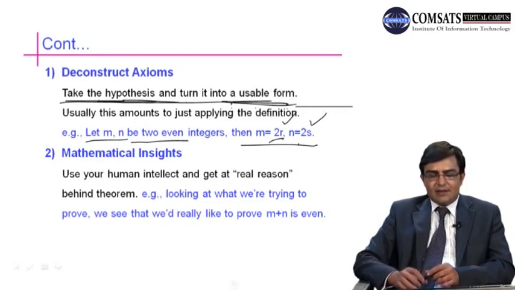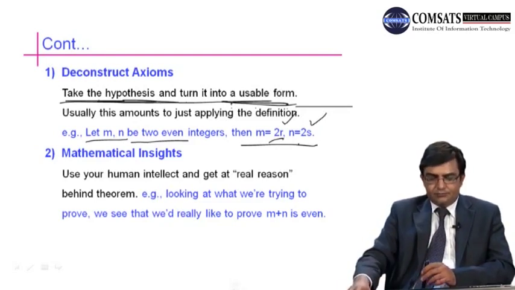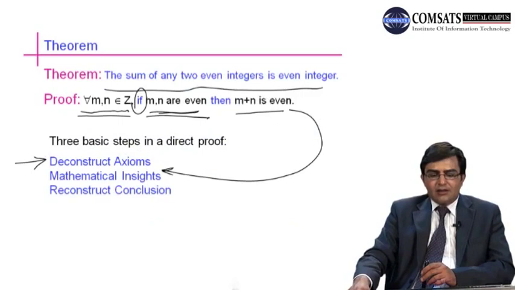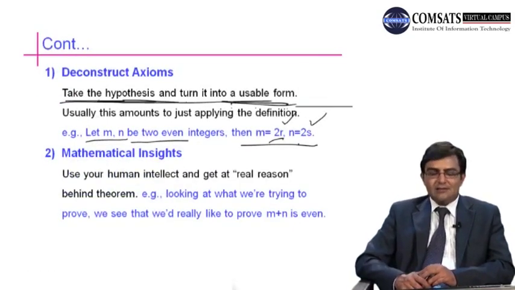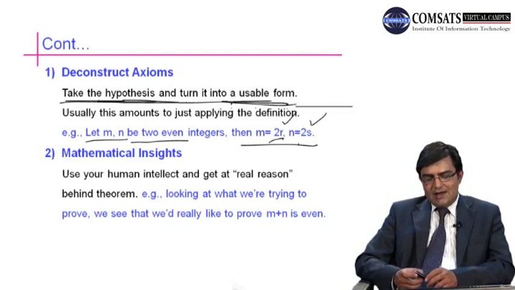Now the second step is mathematical insight. In the second step, we use human intellect, we use our brain and get the real reason behind the theorem.